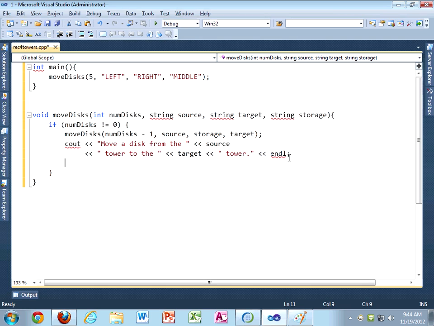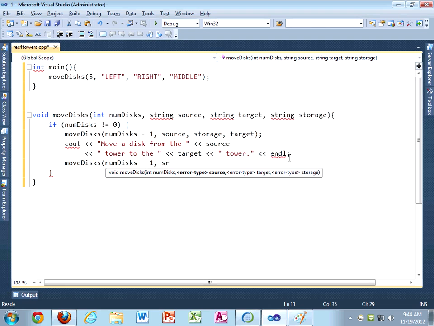And then the third step was move n-1 disks. Those n-1 disks that we moved to the storage pole, move them from that storage pole to the target pole. And then we'll be using the source pole as a holding spot.